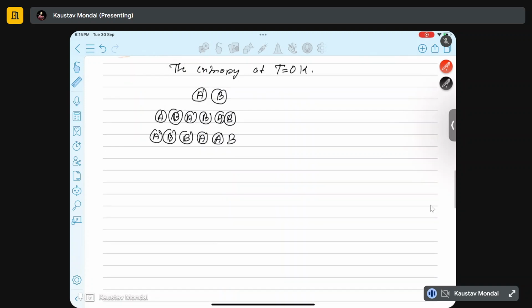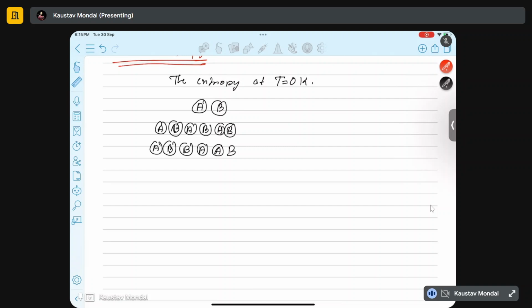As both A and B are similar kinds of molecule, whether it's making a bond AB or a bond BA, it doesn't actually affect the total energy of the system. So making AB to BA doesn't come at a cost of energy. So it can take this configuration and this configuration with equal probability.